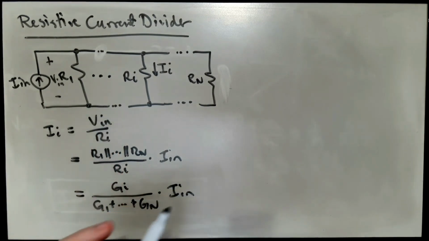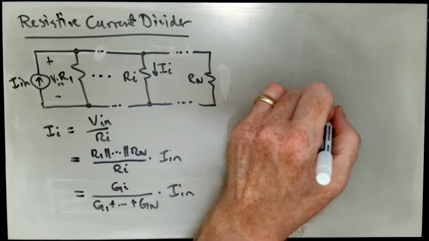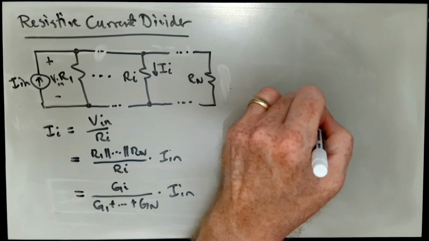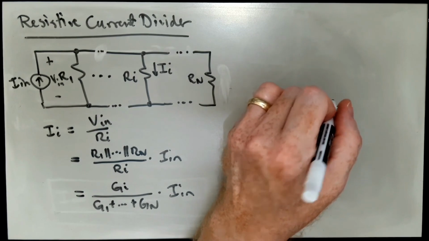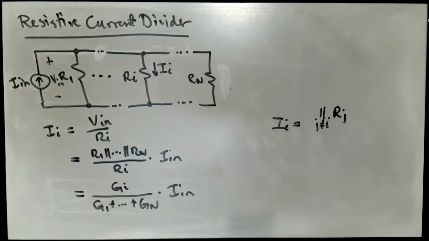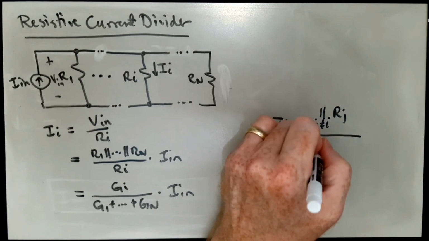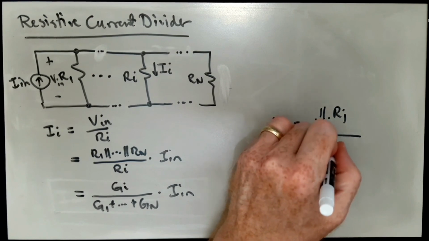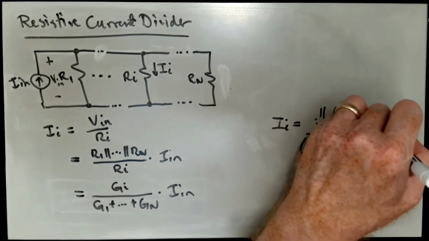I don't even have good notation for it, but it would be something like I sub i equals the parallel combination, j not equal to i, of Rj, so the parallel combination of all the resistors that are not Ri, divided by the parallel combination, j not equal to i, of Rj plus Ri, times I in.